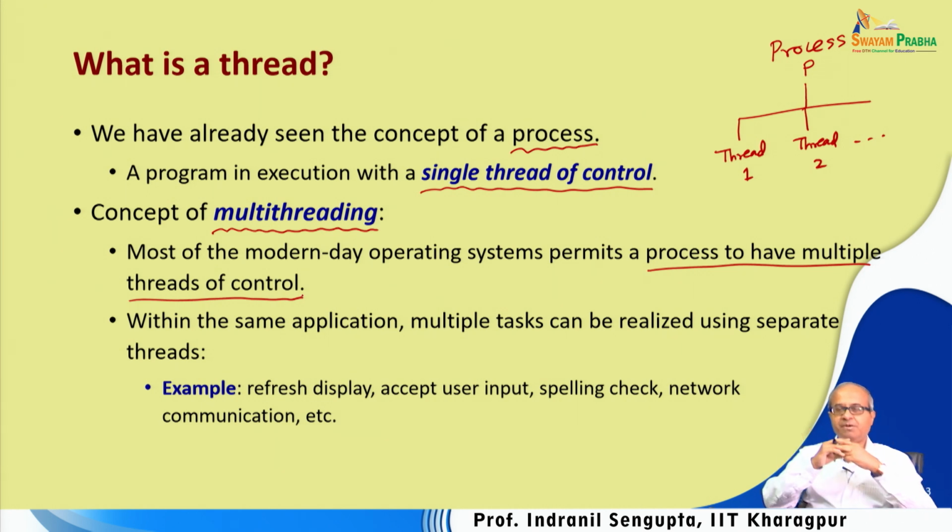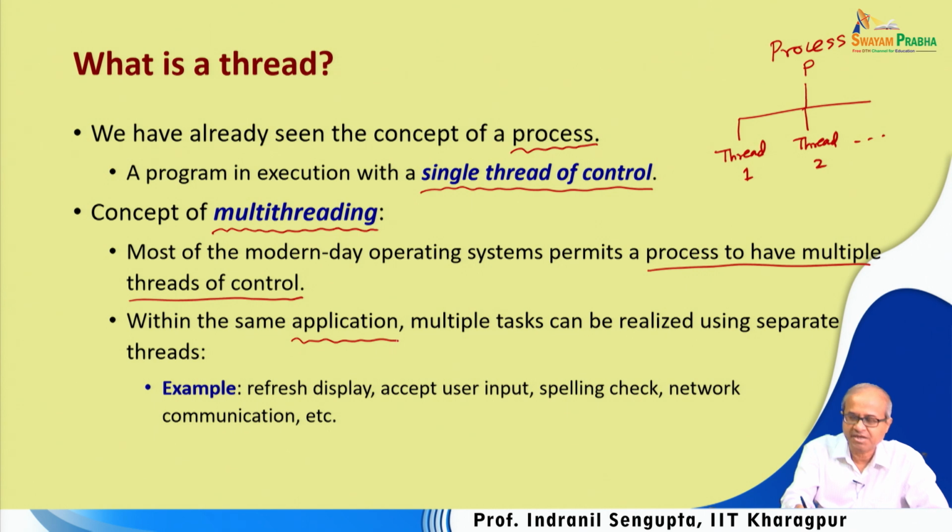So, let us take an example. You will be able to understand how multiple threads can help with respect to a given application. Think of a word processor, that is an application, right? A word processor like Microsoft Word or any other word processor.